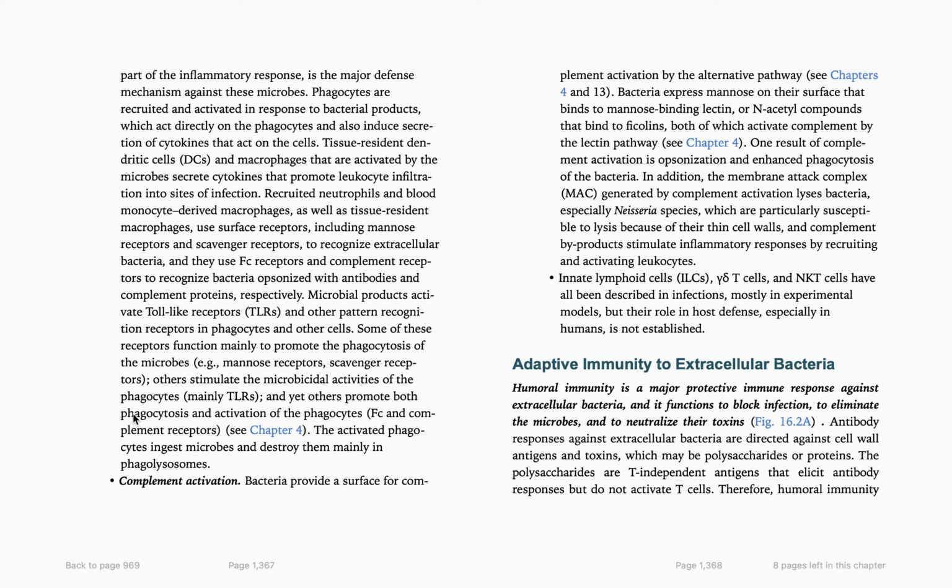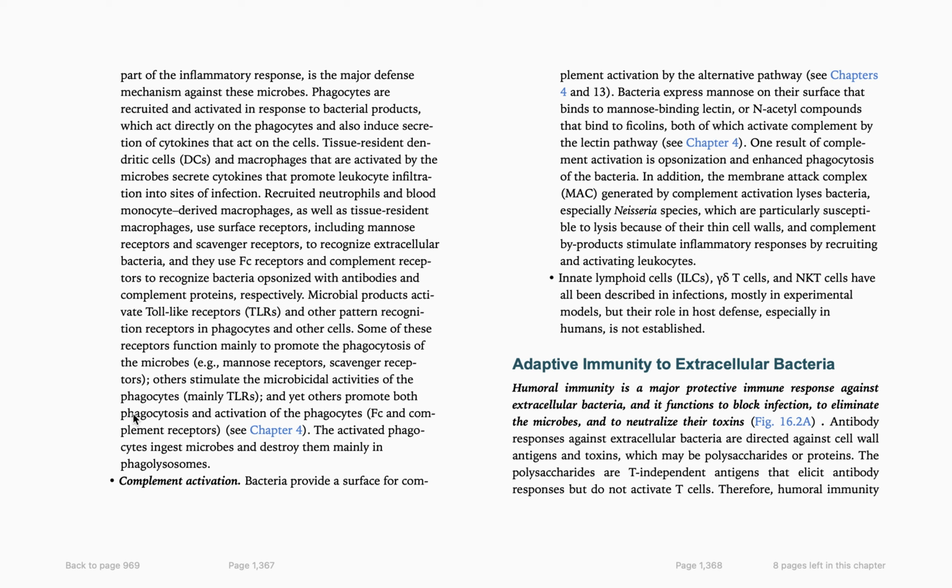In addition, the membrane attack complex, MAC, generated by complement activation lyses bacteria, especially Neisseria species, which are particularly susceptible to lysis because of their thin cell walls, and complement byproducts stimulate the inflammatory response by recruiting and activating leukocytes.